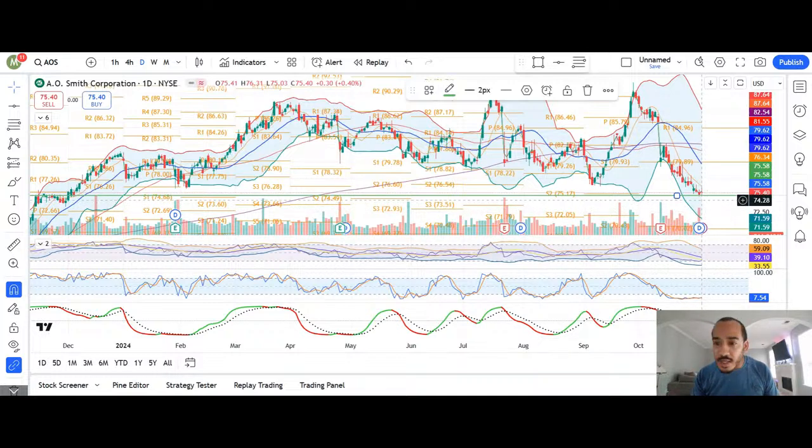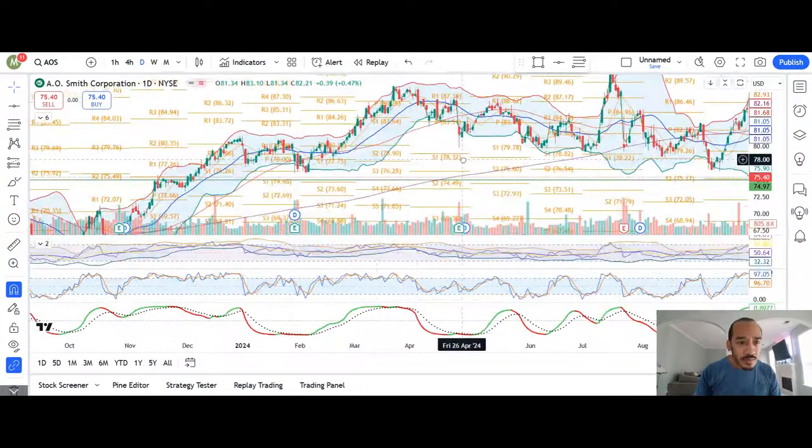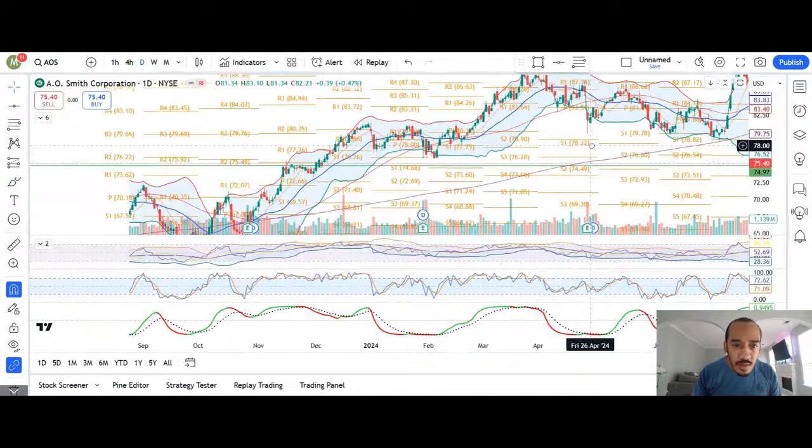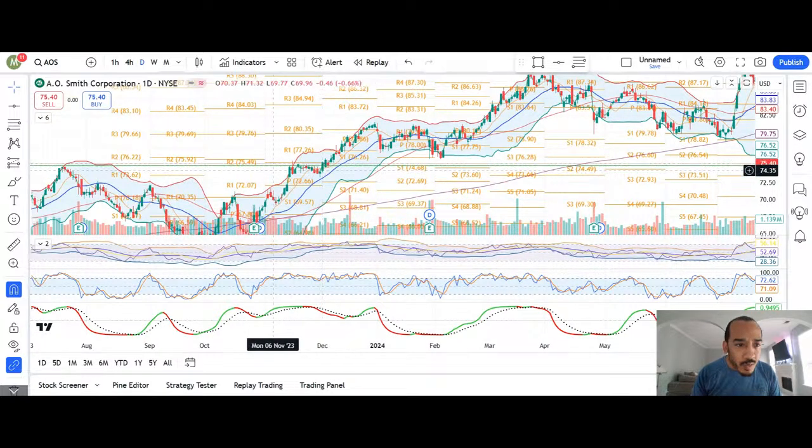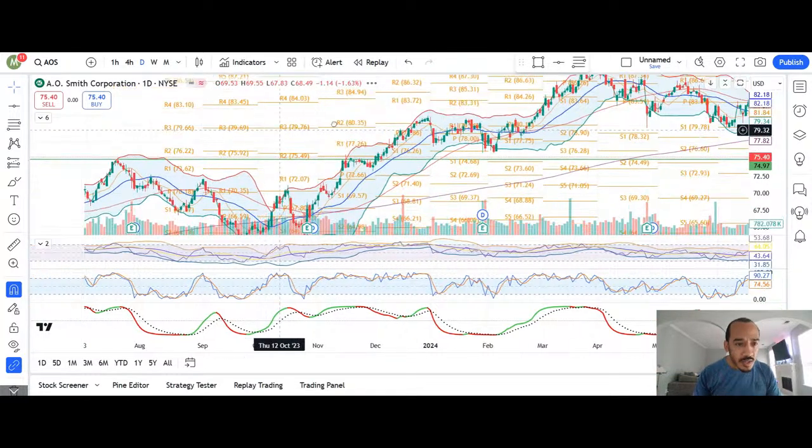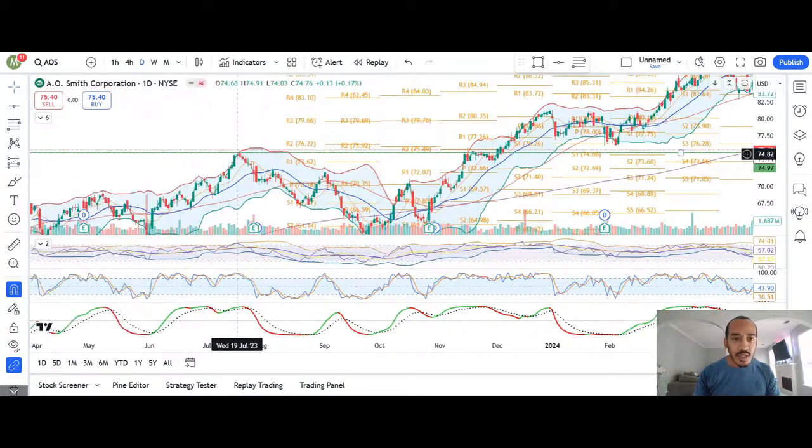The last 2 days or last two candles touched that level. Okay, let's go back a little further. Okay, support in some instances are resistance. So it was support over here. Over here, it was resistance for a couple days. Also resistance over here.